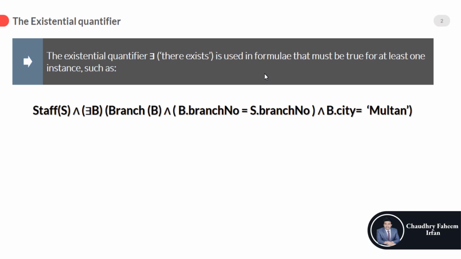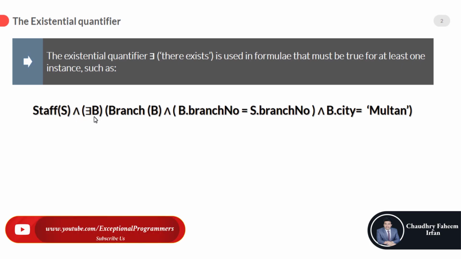must be true for at least one instance, such that S is a staff tuple, and you know that in relational calculus this is the symbol for and, there must exist at least one branch B, and B dot branch number is equal to S dot branch number, and B dot city is equal to Multan.